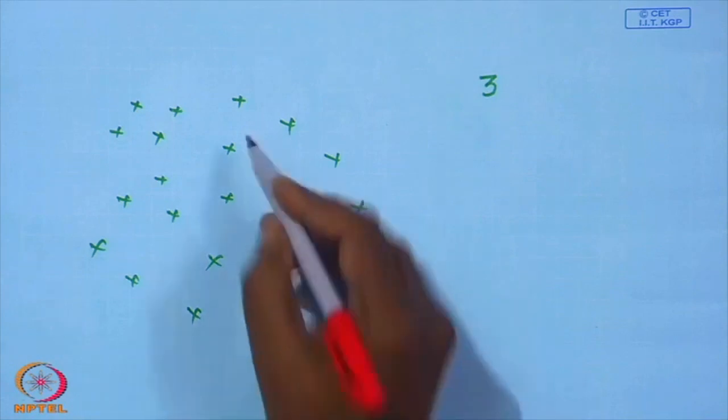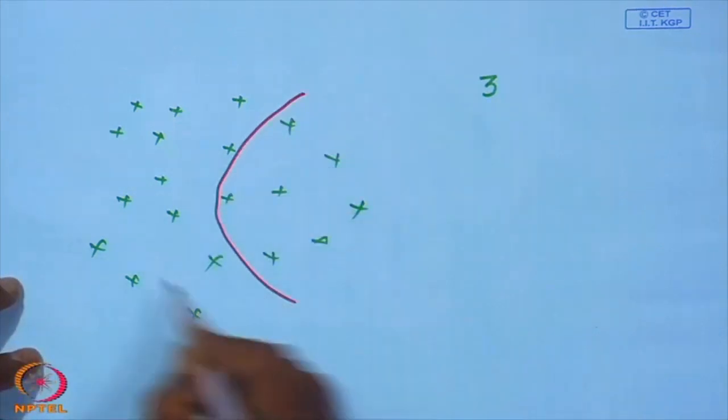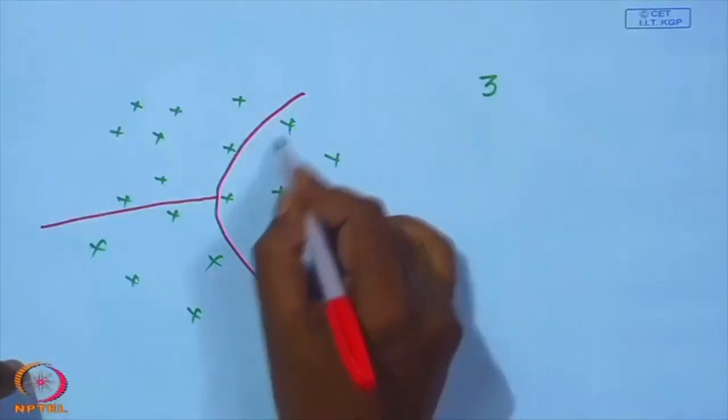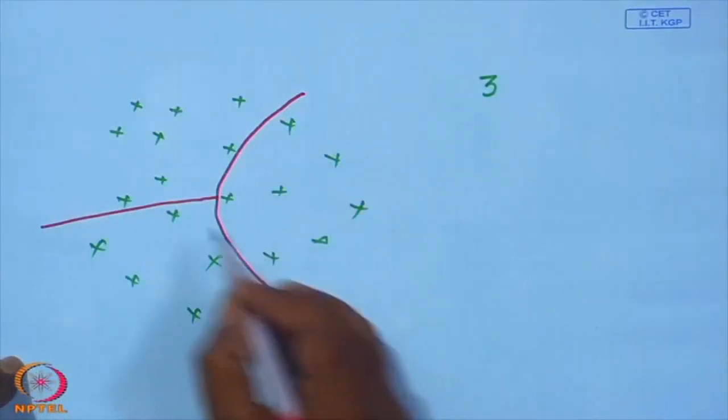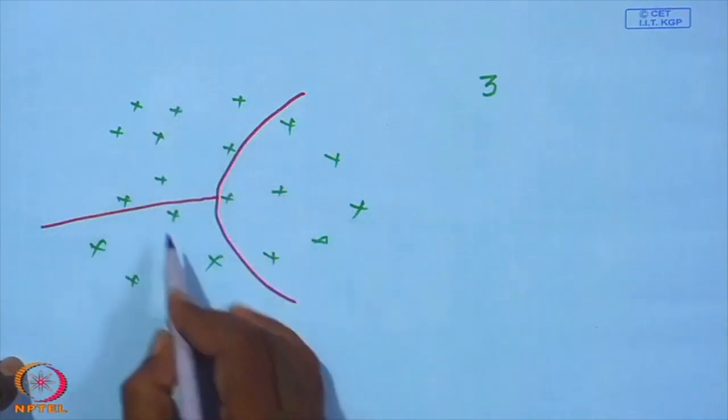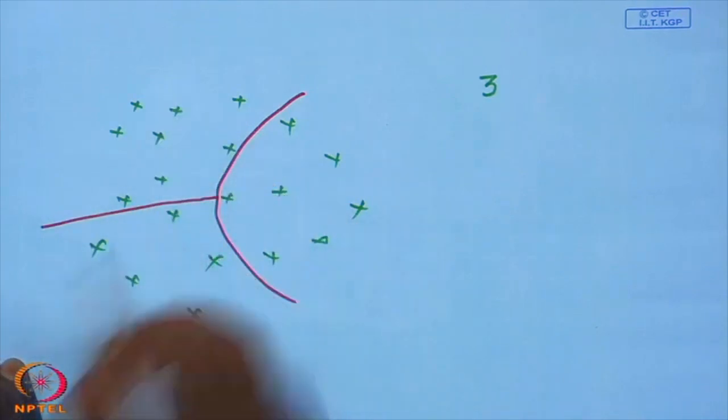Initially, arbitrarily, you partition this set of samples into 3 different clusters. So, this cluster contains these samples, this cluster contains these samples, and so on.